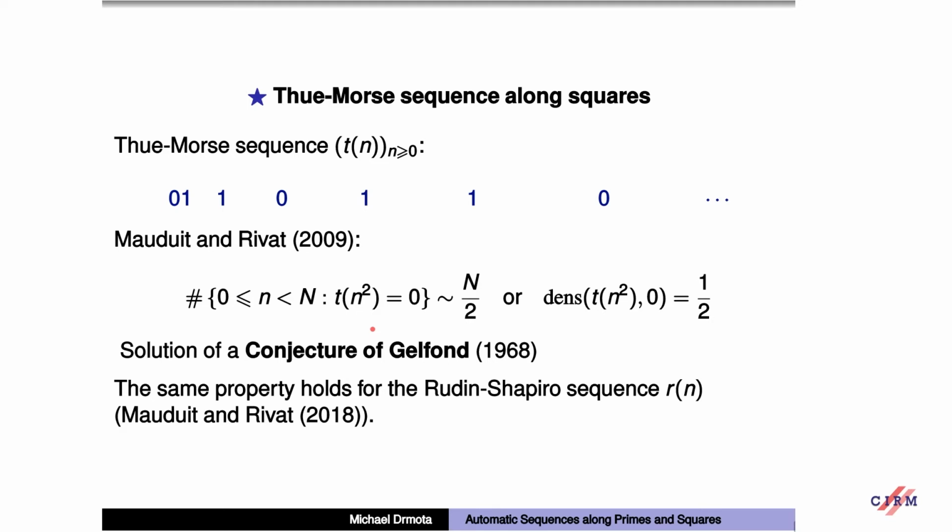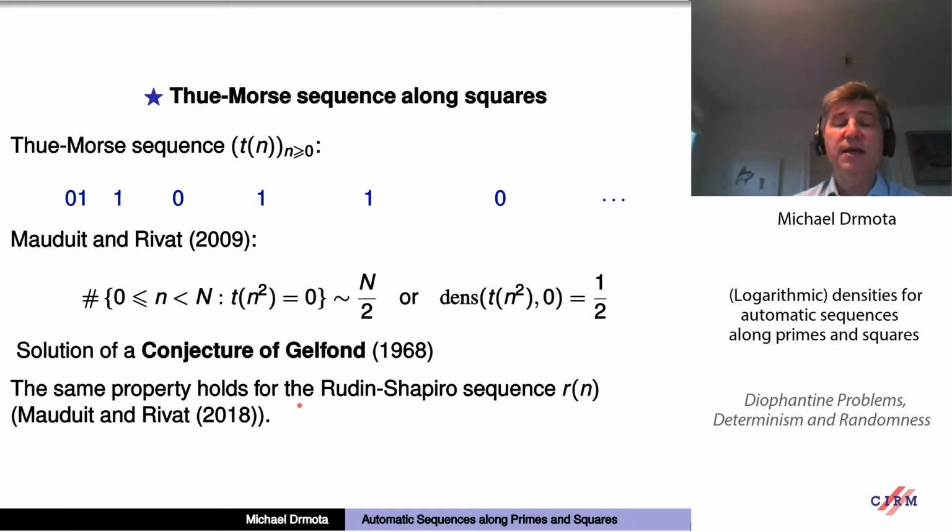There are many results on other sequences, for example, the Piatetski-Shapiro sequence, n to the c integer part, if c is between 1 and 2, but I will not go into this question in this talk. I just want to mention that, again, Mauduit and Rivat proved a few years ago that the same holds also for the Rudin-Shapiro sequence.